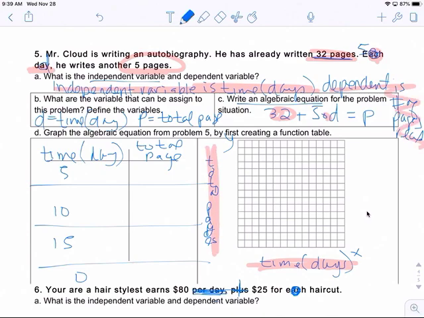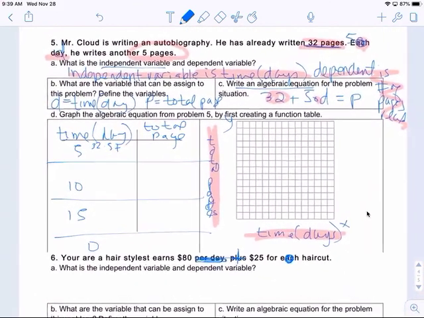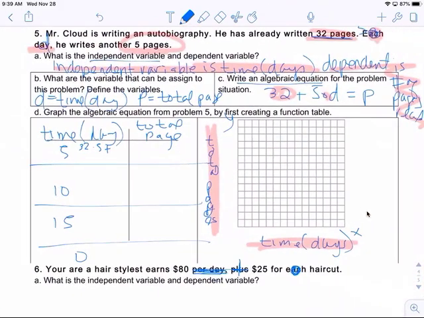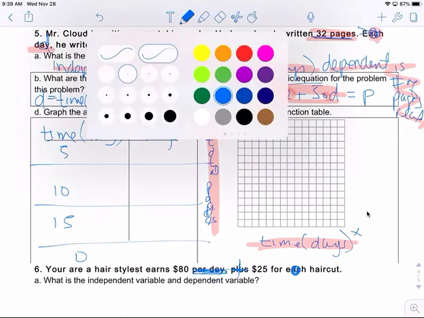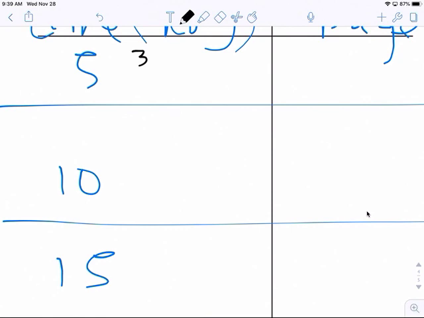Okay, and then 5 days, so 32 plus 5 times the number of days. Sorry, not 32 times 5. It's 32 plus 5 times the number of days.